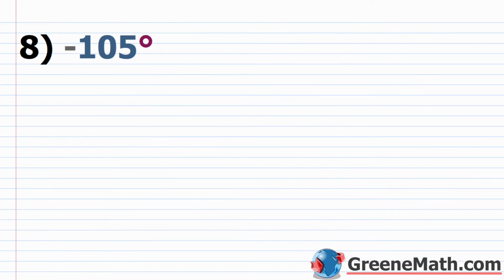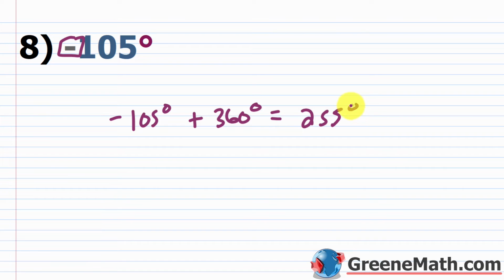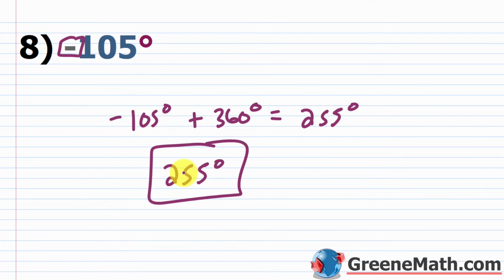All right, for problem 8, we have negative 105 degrees. So again, because this is negative here, I'm now going to add 360 degrees. So we'll have negative 105 degrees plus 360 degrees, and that's going to give me 255 degrees. So this is the coterminal angle that I want. Again, you want it to be between 0 degrees and 360 degrees.